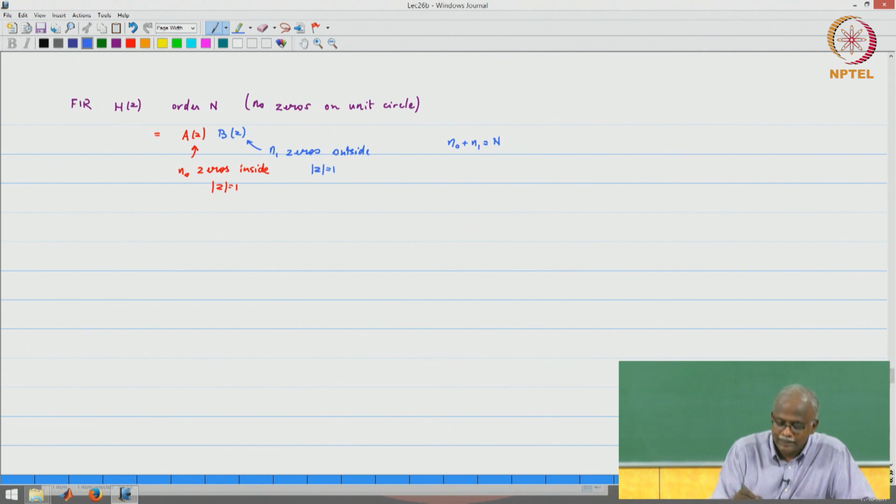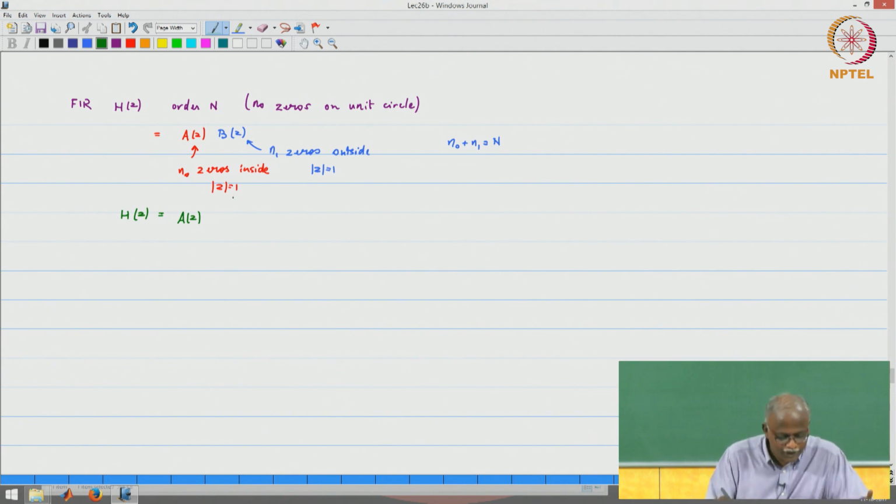Okay, so here is the key statement which I hope will remind you of a result that you have seen previously. I can always write H of Z in the following manner: A of Z, instead of B of Z I am going to write the paraconjugate.